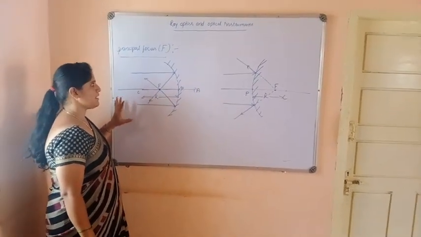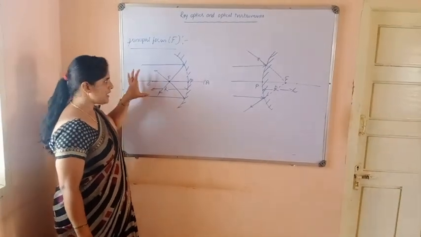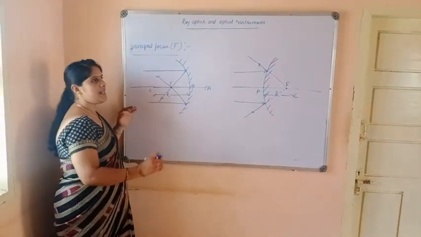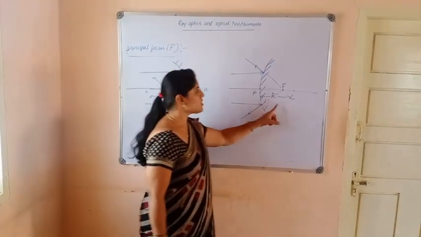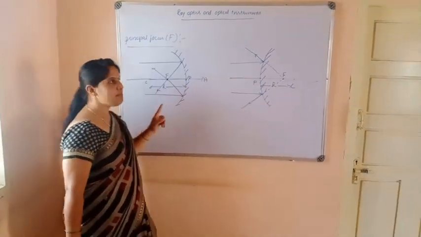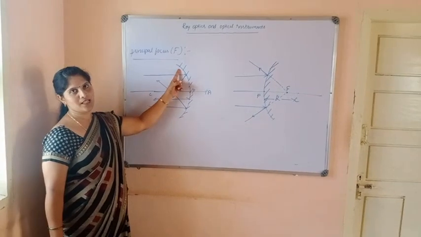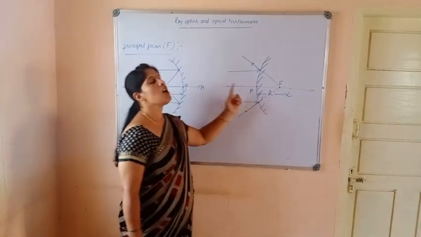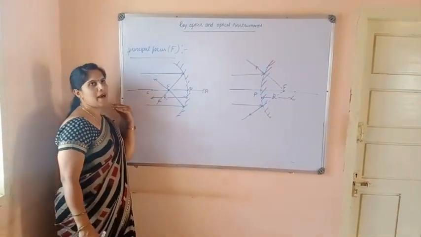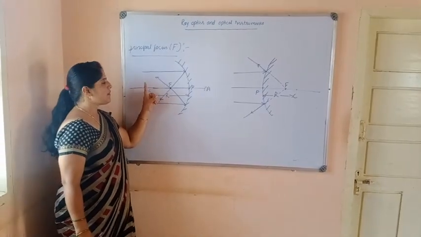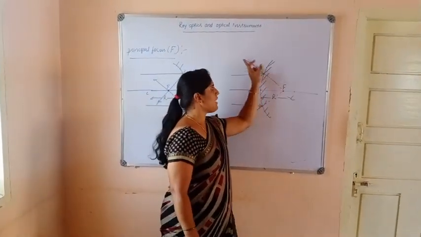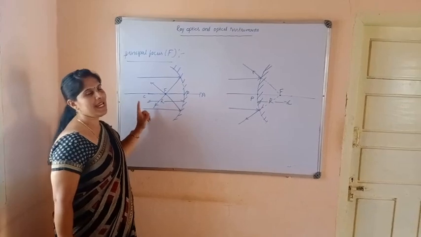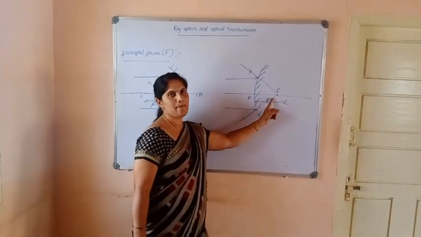When a parallel beam of light is incident on either a concave mirror or a convex mirror, it gets reflected back and meets at a point or appears to diverge from a point, and that point is known as principal focus or simply focus. That focus is represented by capital F.